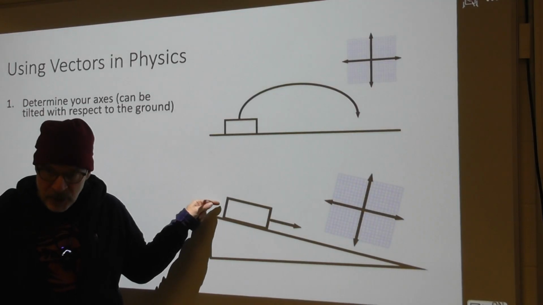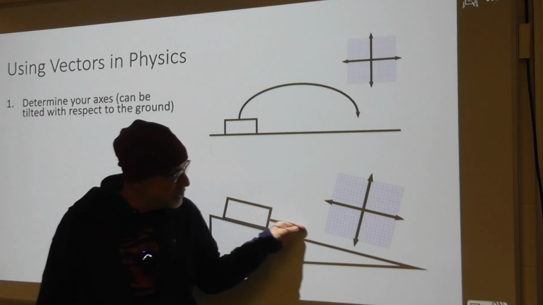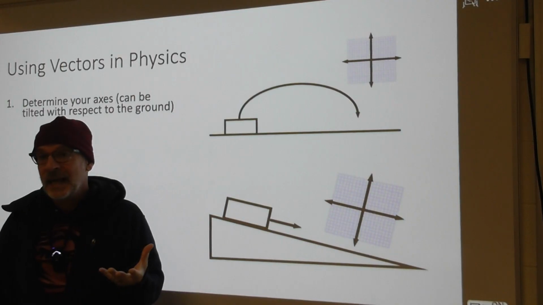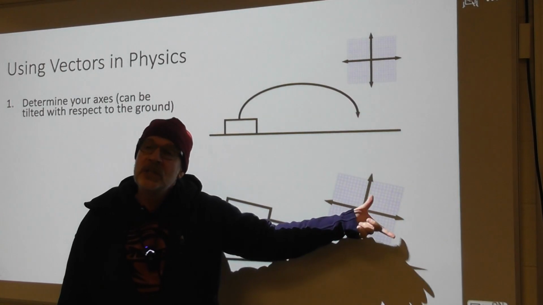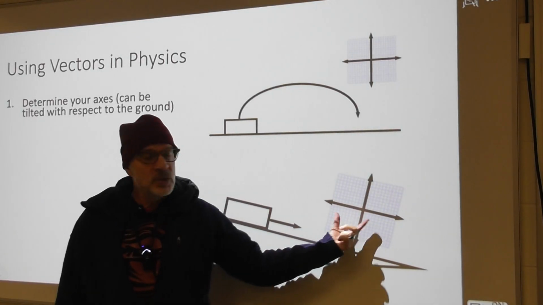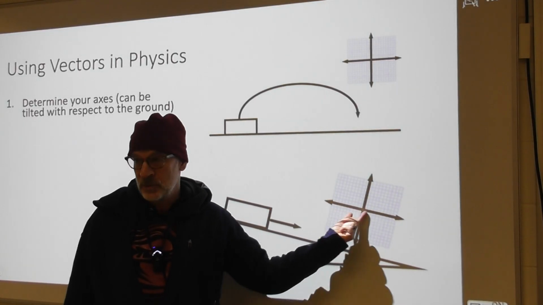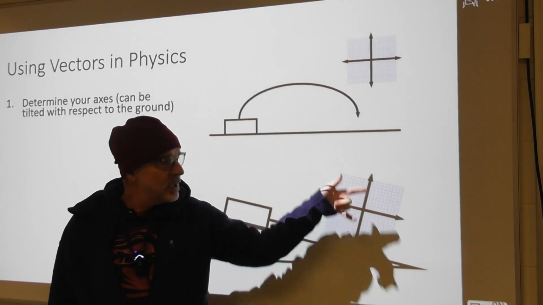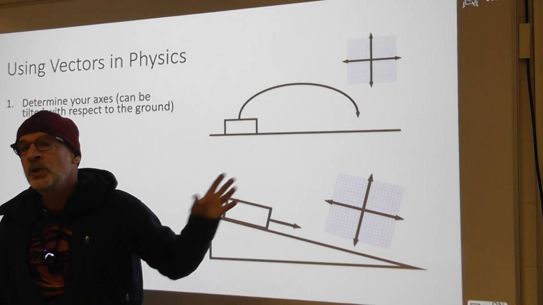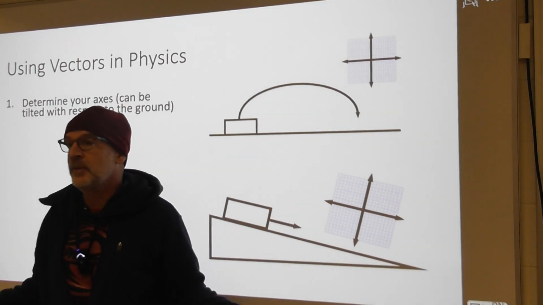Its acceleration is in the direction of its motion. And in that case, it turns out it's easier to solve the problem if we tilt our reference frame so that one of the axes, usually we say it's the x-axis, is parallel to the surface of the ramp and the other is perpendicular. We'll use a tilted reference frame for a bunch of other things too.